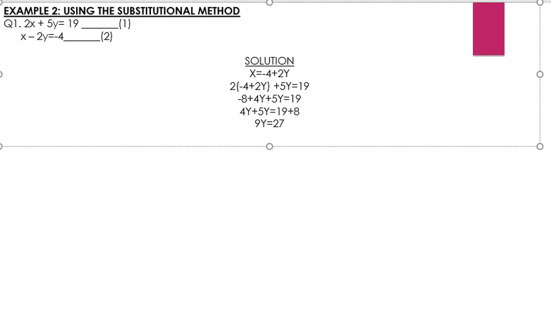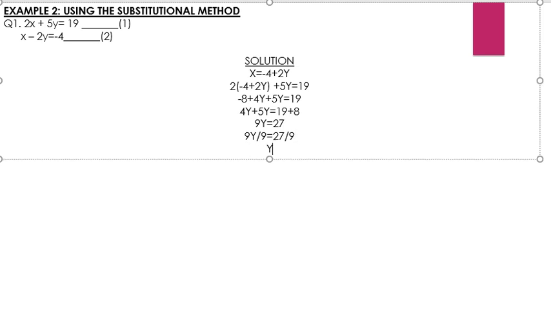Now we want to make y stand alone. From our knowledge from the previous lesson, we have 9y divided by 9 giving us 27 divided by 9. 9 cancels out 9, leaving y on the left hand side, and 27 over 9 gives us 3. So our answer for y is 3.